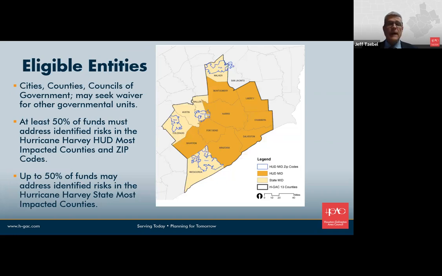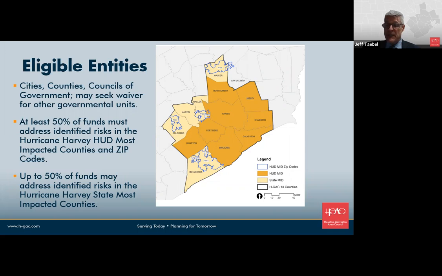So the eligible entities that are listed in the amendment are cities, counties, and councils of government. We may also seek a waiver to permit allocations to other governmental jurisdictions or entities such as municipal utility districts, river authorities, ports, and others. At this time, we are not planning to submit a waiver.